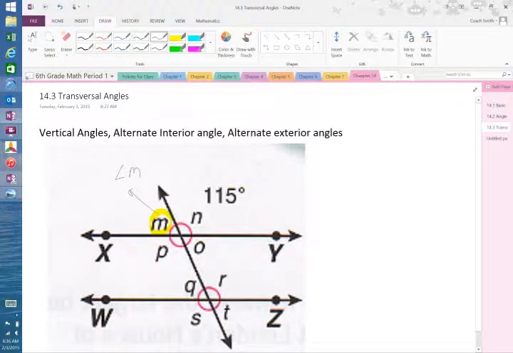When I'm talking about letters and angles, usually the letter goes on the inside of the angle. Please remember that these are the angles.